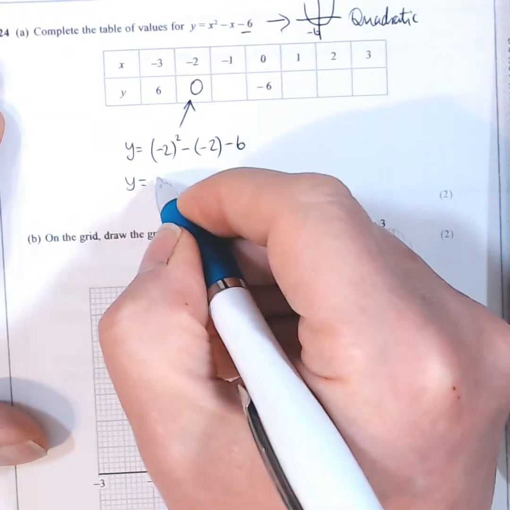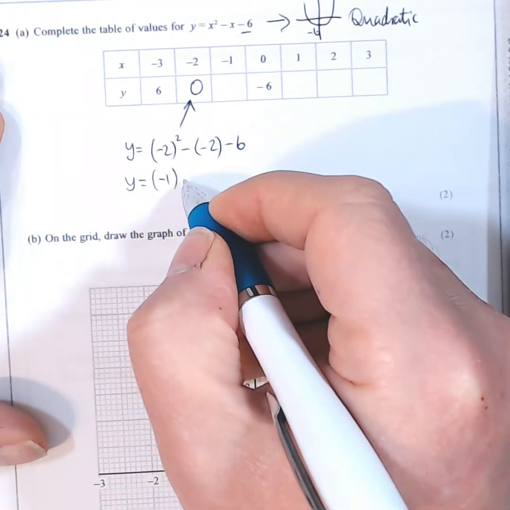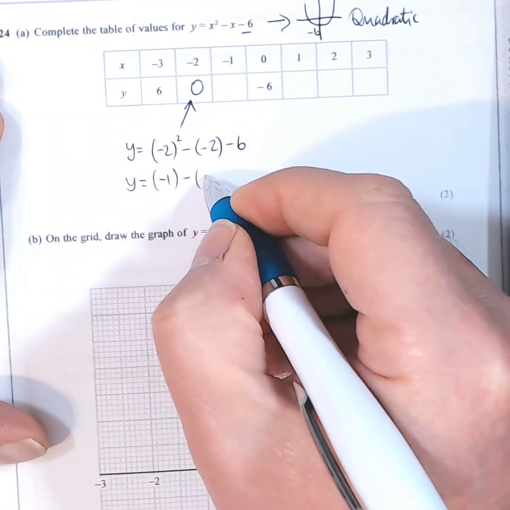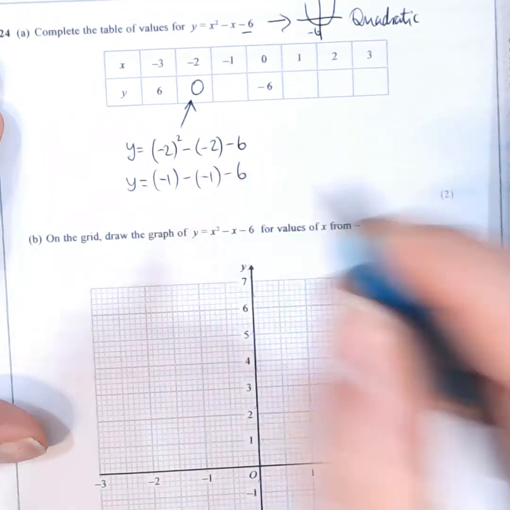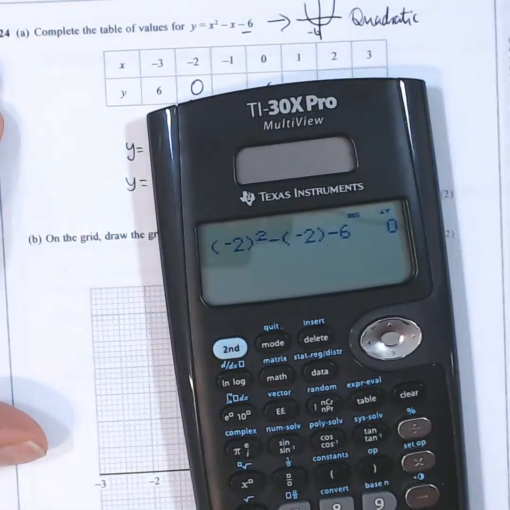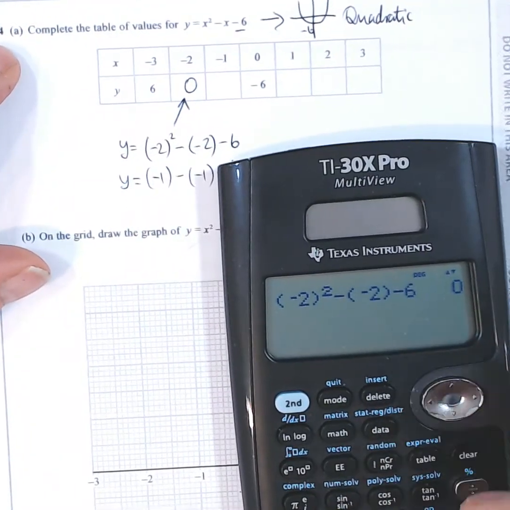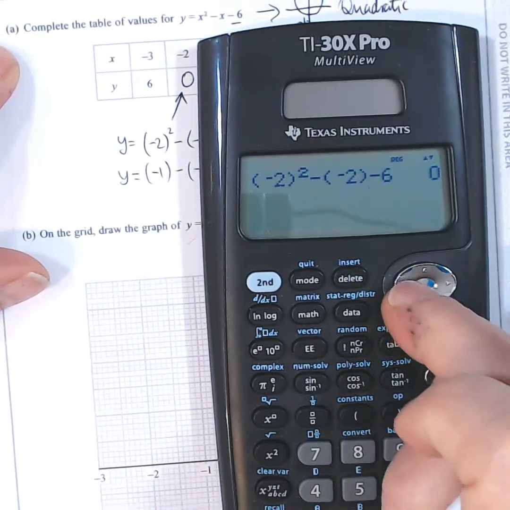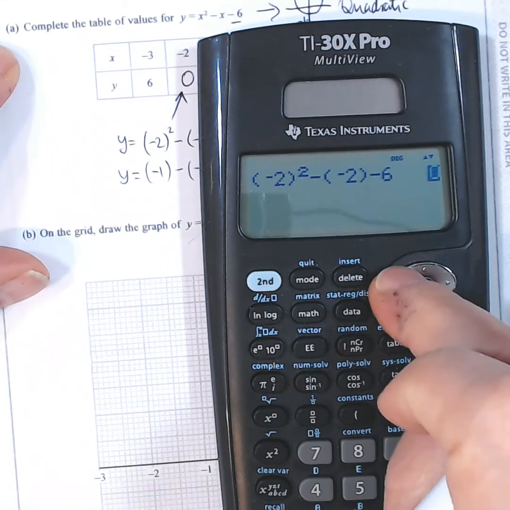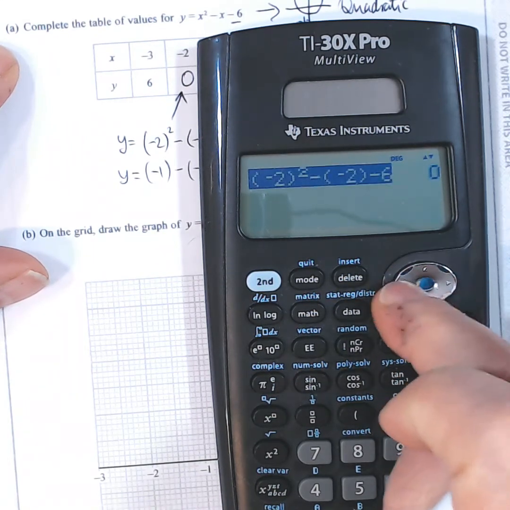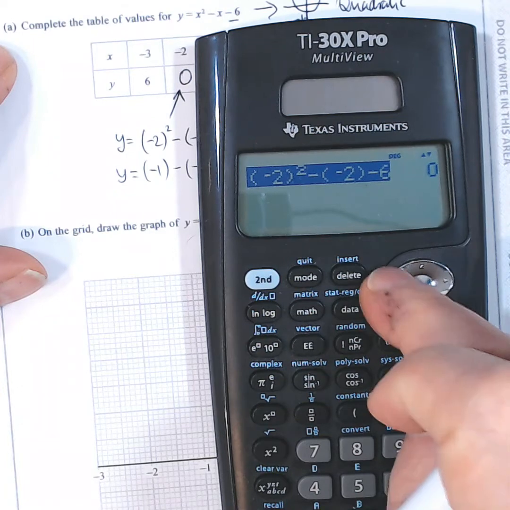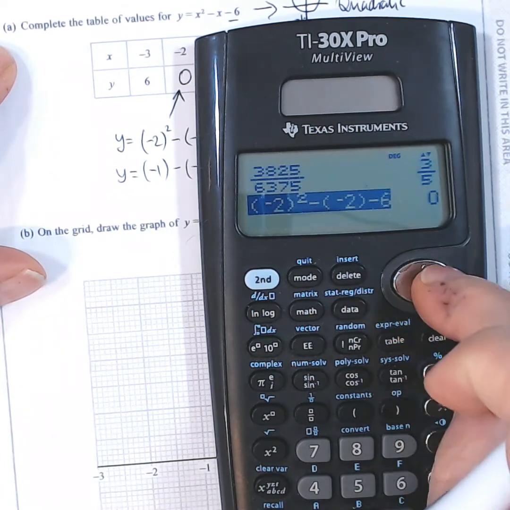And then for the next one you do the same thing, except this time you're going to replace the bracket with -1. Now on most calculators you shouldn't have to type all that in again, because all you should be able to do is use your arrow keys and go back into the function. In this case it's not going to do it.